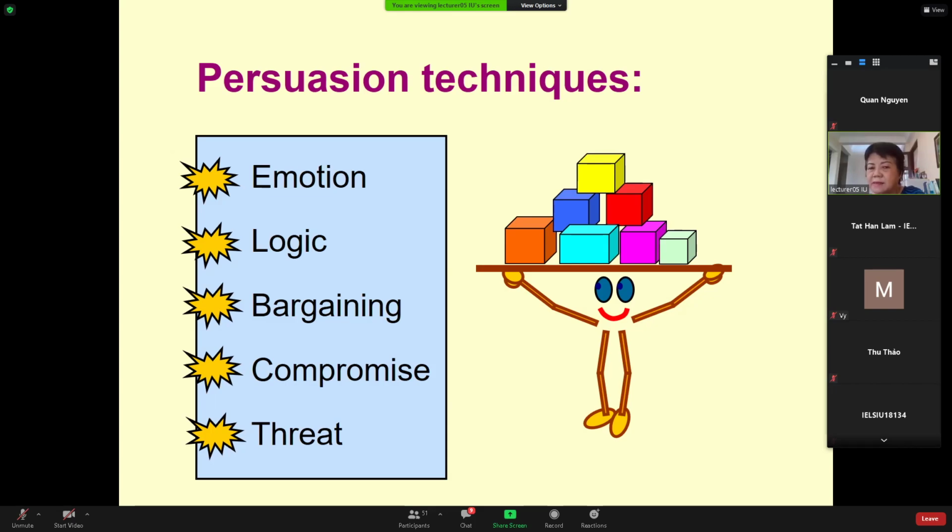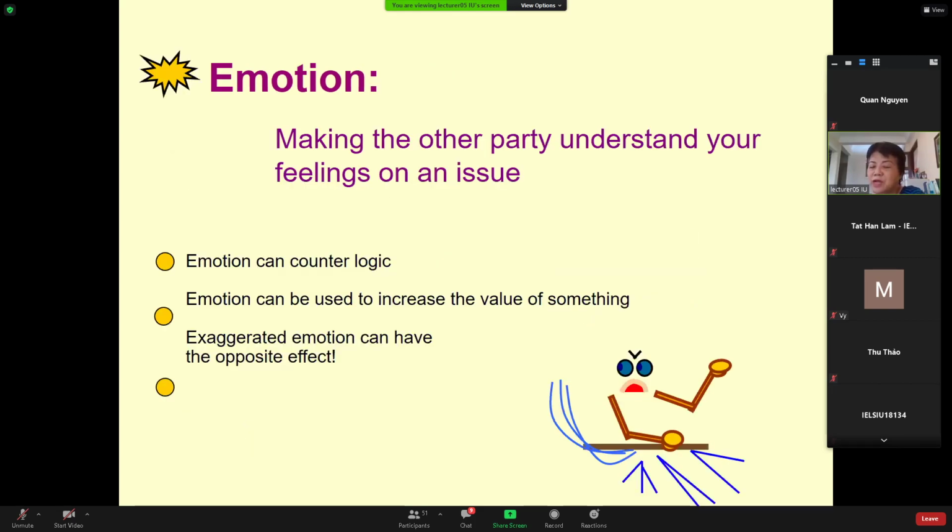Those are the techniques. Now, emotion, what does it mean? We share the emotion and we make the other party understand your feeling of the issue. Remember, we come to the negotiation because we have an issue to be solved.